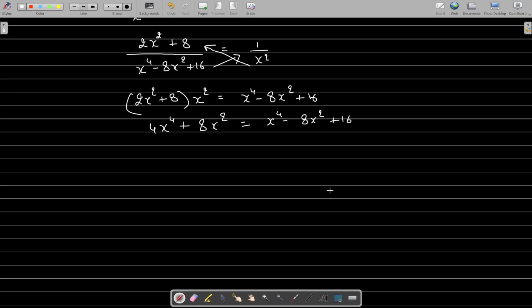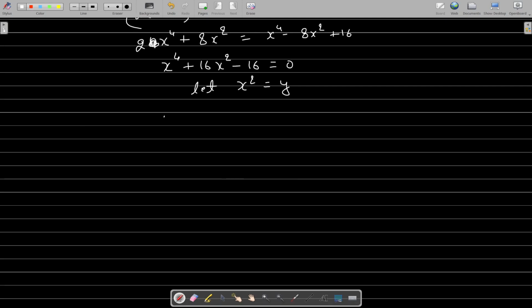Now we'll move everything to the left hand side. So this is not 4, this is 2. So if we move everything to the left hand side, I get x power 4 plus 16x square minus 16 equals 0. Now let x square be y.